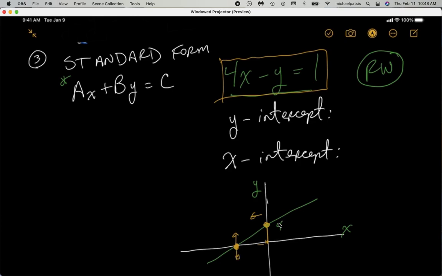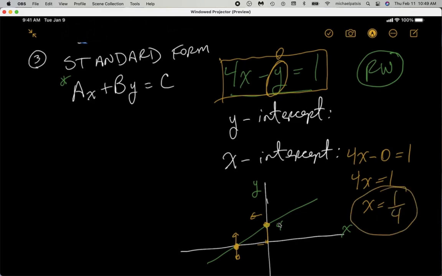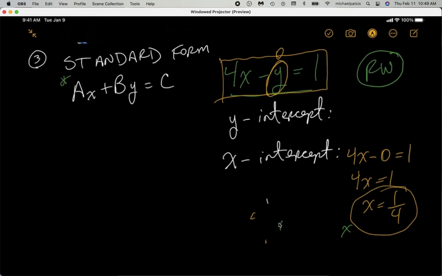You're at y equals 0. So we replace y with 0. So now we have 4x minus 0 equals 1. 4x equals 1. x equals 1 over 4. That's going to be your x-intercept for the equation up above, not for this line that I drew. So that's how you find the x and y intercept with standard form.